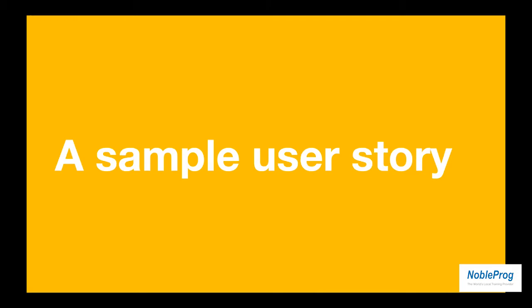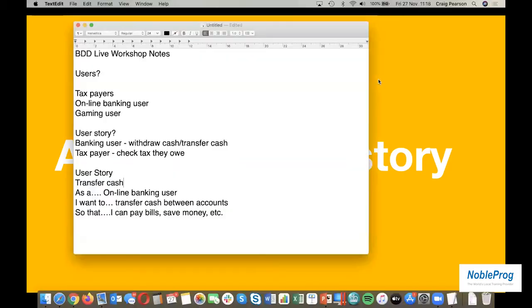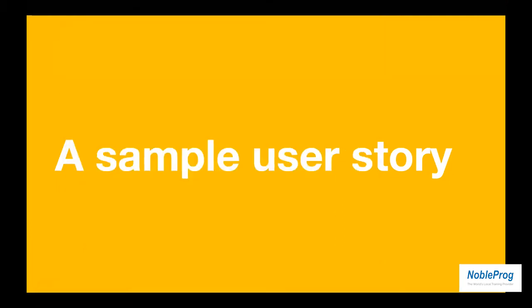Again, this is something we can and do run for organizations if they're struggling to capture meaningful agile requirements, or if they're trying to use user stories and just not finding the right level of detail. So reach out if you want to do a bit of a deeper dive on those. But in summary, we have a user story which explains what the user is trying to achieve and the reason why.